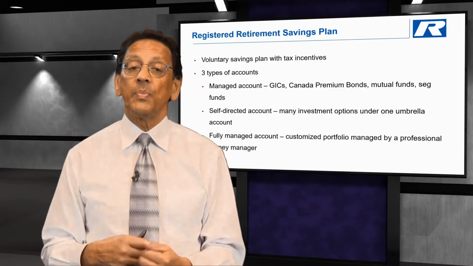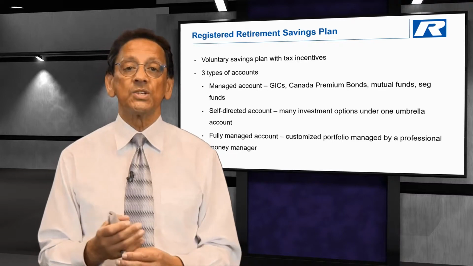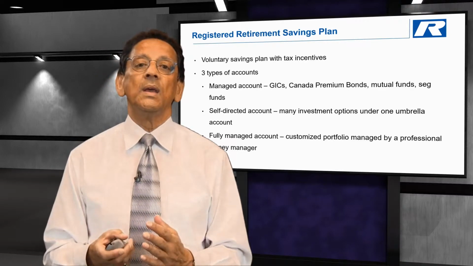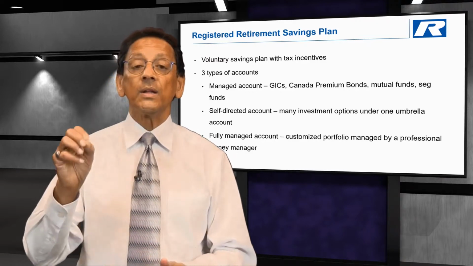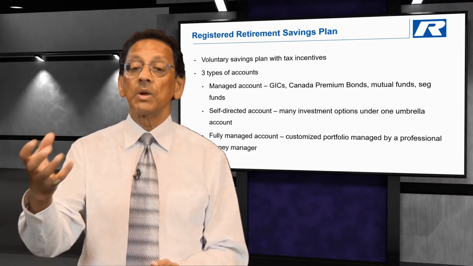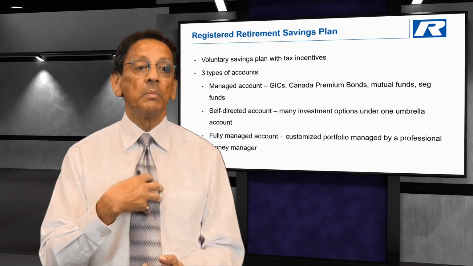The third type of investment account is something called a fully managed account. This is a scenario where I have enough money in my RSP savings that I can go directly to one of those professional fund managers and have them customize and build a portfolio specifically for me.